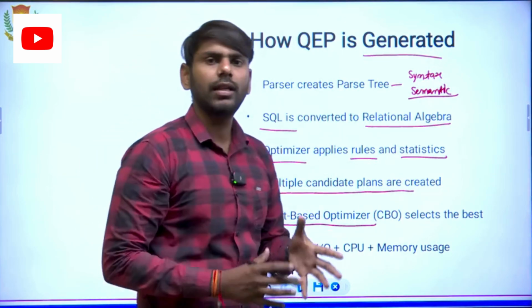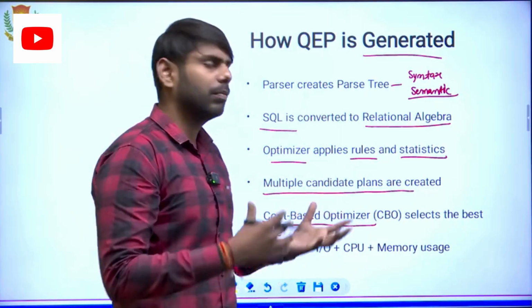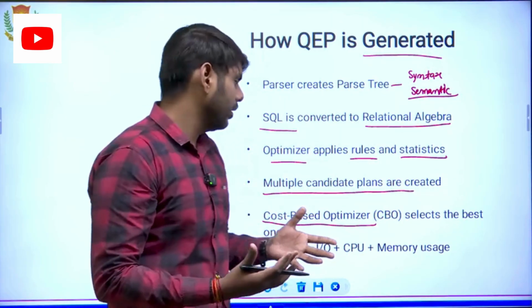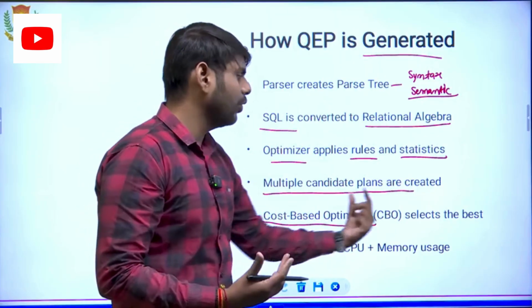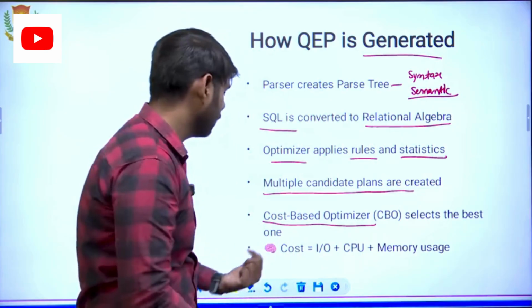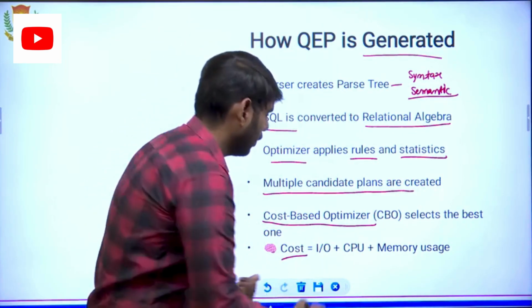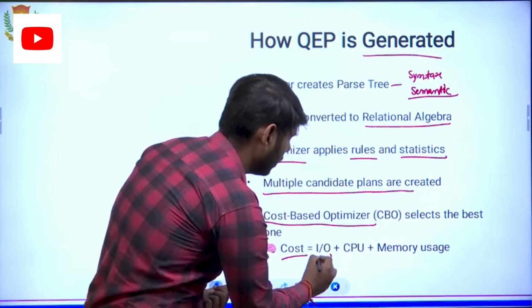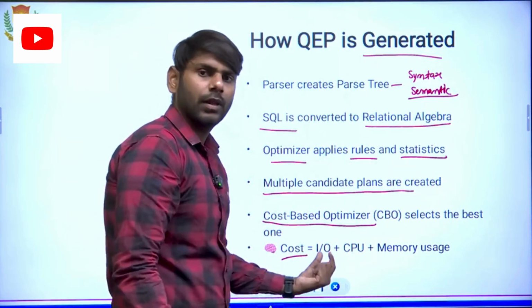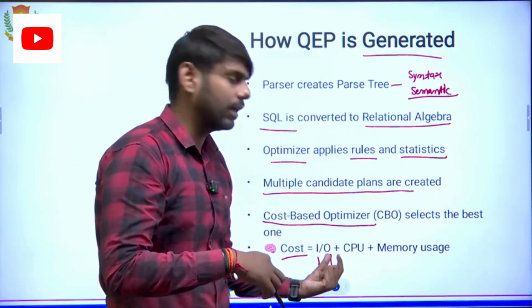Okay, now if we have multiple plans, they incorporate multiple types of cost, right? So how are we going to calculate that cost? In the cost, we consider input output: the query goes inside the memory and then you are taking the data from the hard disk again.